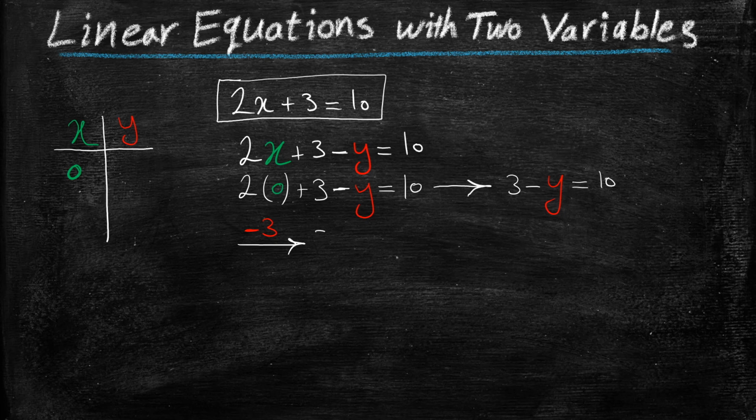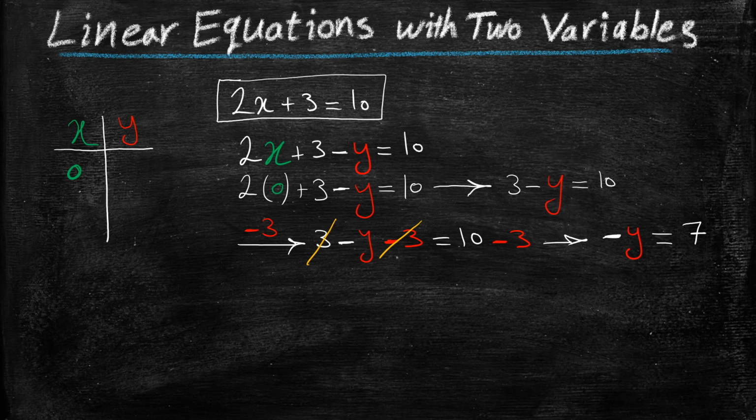So that has 3 minus y minus 3 equals 10, also doing it to the right hand side, minus 3. Great. So we can see this 3 cancels with this 3 on the left hand side, and we have just negative y on the left hand side equals 10 minus 3 on the right hand side. 10 minus 3, that's 7. So negative y equals 7.